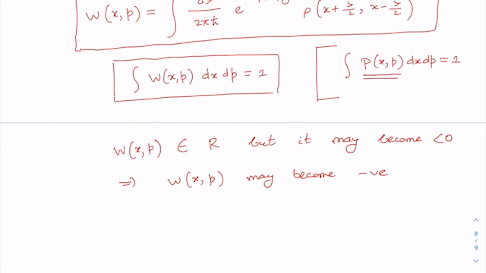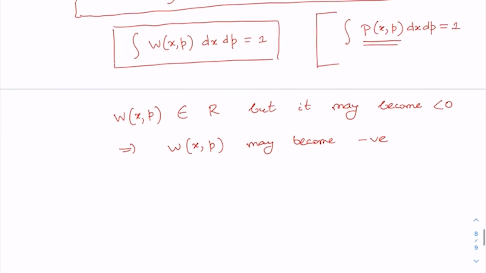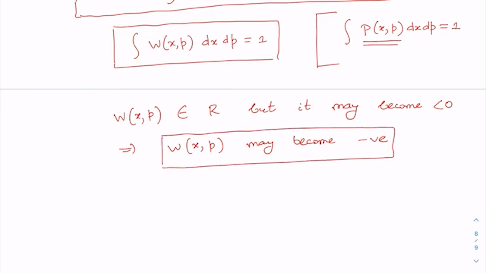It can never be a negative quantity. Probability can never be negative, but the Wigner function can become negative. And whenever this Wigner distribution function is negative, no counterpart is found in classical physics, and those kinds of states for which the Wigner function becomes negative are called non-classical states.